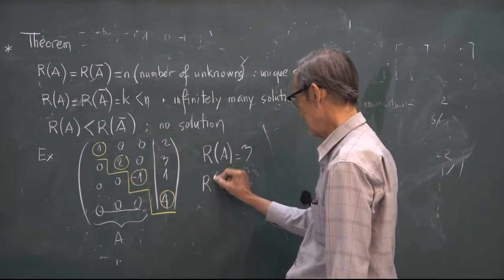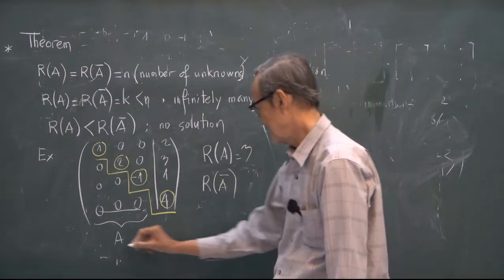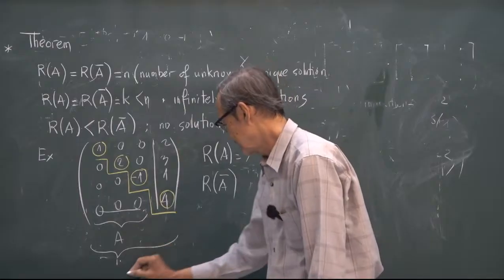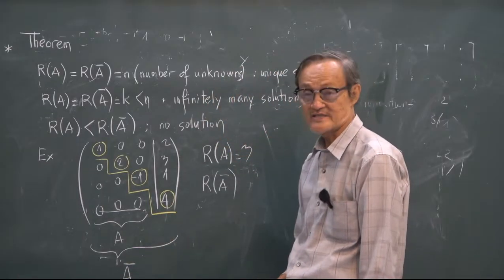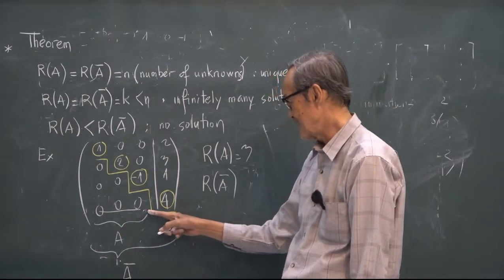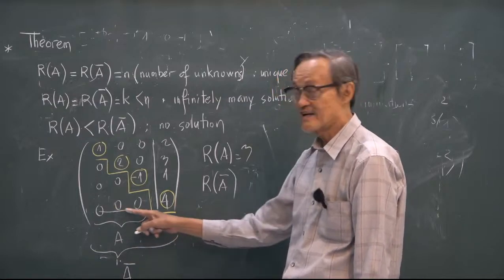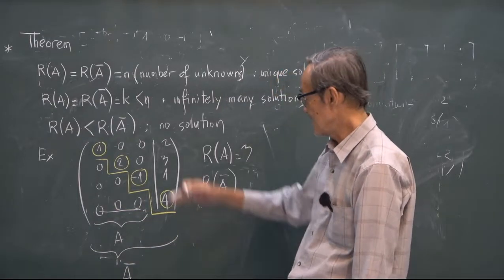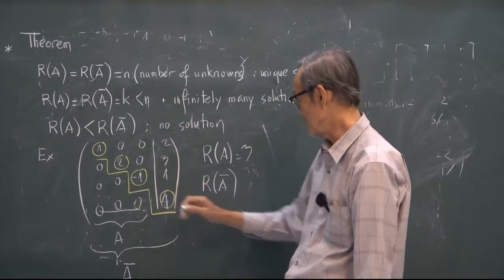And rank A upper bar, the augmented coefficient matrix: from here to here, non-zero, so 1, 2, 3, 4 non-zero rows, 4.